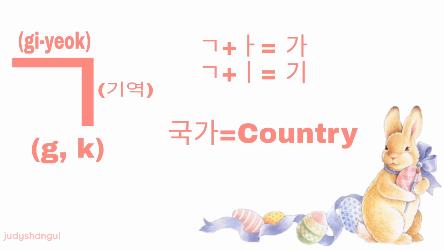In order to have a sound, we need to add a vowel to it. Let's put a with it. 기역 plus a, 가. 기역 plus 이, 기. 국가, country. Let's learn an example word of 기역.